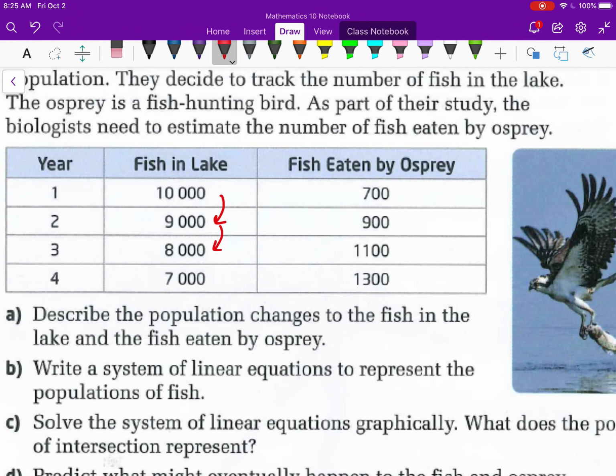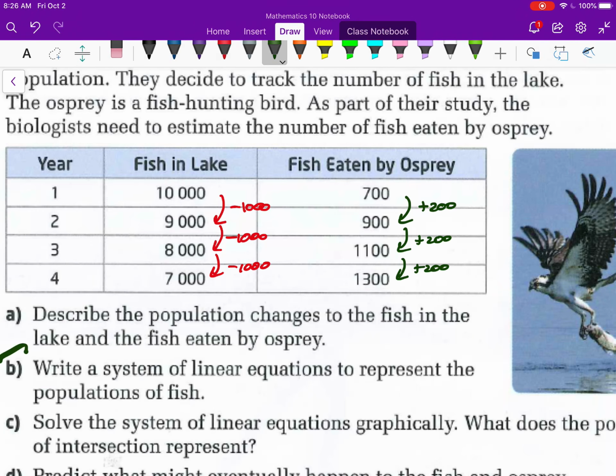For fish, every year, it's going down by 1,000. And for the fish that are eaten by the osprey, it's going up by 200. So every year, 200 more fish are being eaten by osprey, and every year there's 1,000 less fish in the lake. Okay, so I've pretty much answered question A.